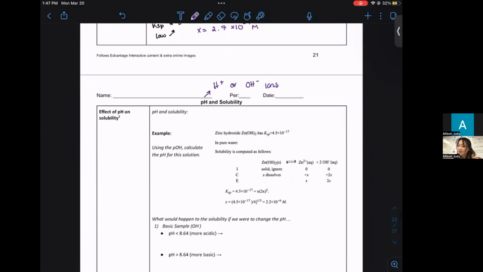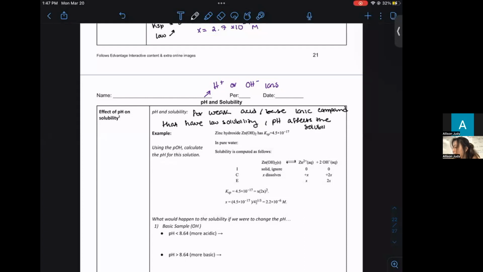Okay, so pH and solubility. All right, this is the last thing. For a weak acid or weak base ionic compound that has low solubility, pH can affect solubility.